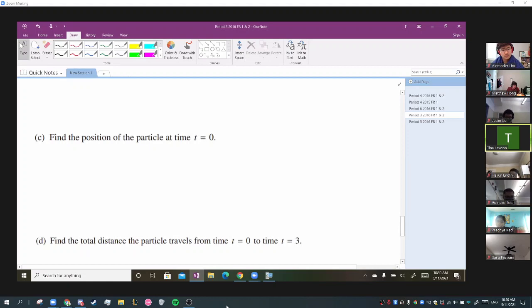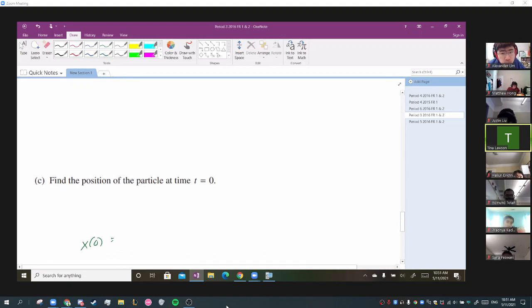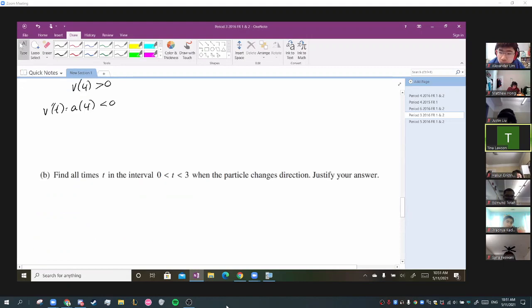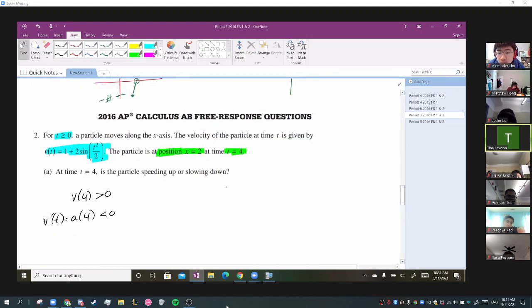I get it. Find the position of the particle. Position. That's like x of t, but we wanted it at time 0. So x of 0. What do you do with position? I could make it more specific now. We need to have, quote unquote, a start. We need to start somewhere. Where do we start? Look at that.